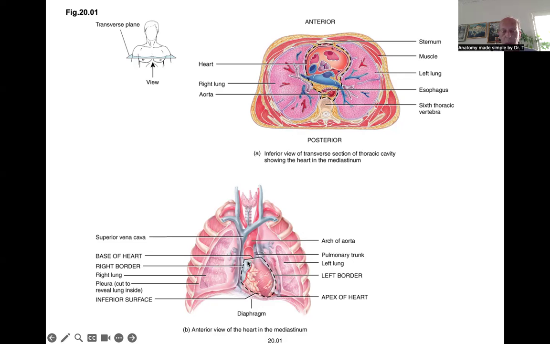And together with the heart, of course, we cannot avoid seeing those largest blood vessels that are either arising from the surface of the heart, such as the aorta or pulmonary trunk, and also some other large veins that are passing through the mediastinum in order to reach the heart, such as the superior vena cava being illustrated here. The inferior vena cava will arrive from the abdominal space, will pierce the diaphragm, and empty its content into the right atrium of the heart.